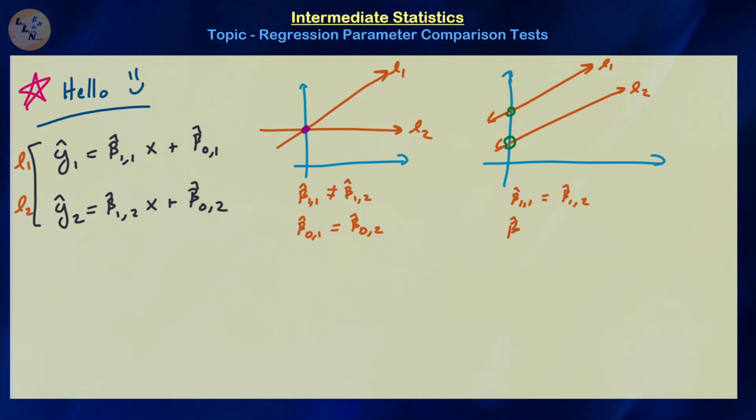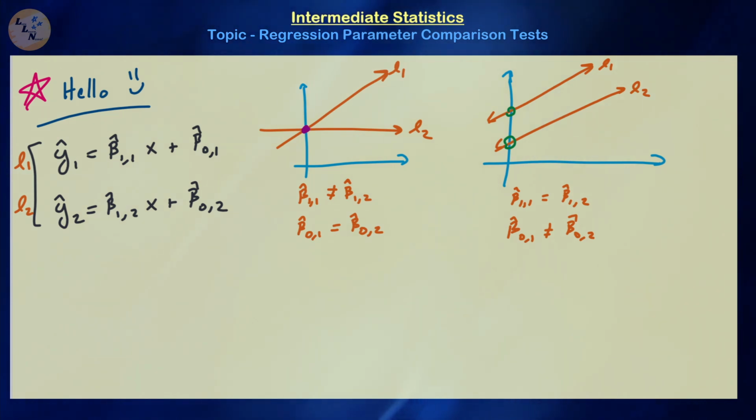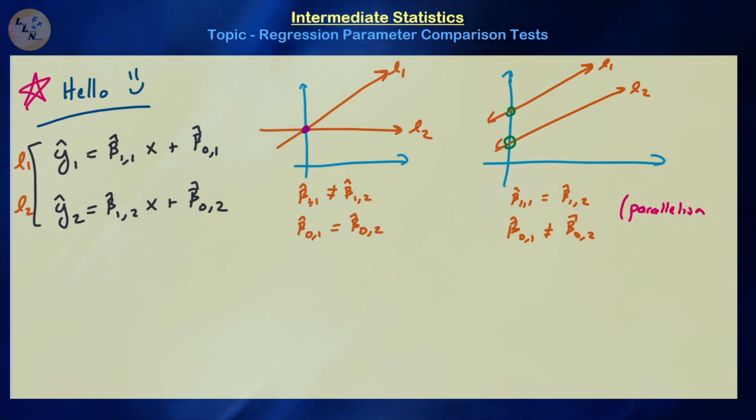So beta hat 0 for 1 and beta hat 0 for 2 are not equal to each other. When we test whether or not the slopes are equal to each other, what we're pretty much testing for is parallelism. Because if the slopes are equal to each other, that means these lines are parallel to one another, at least in the two-dimensional sense.